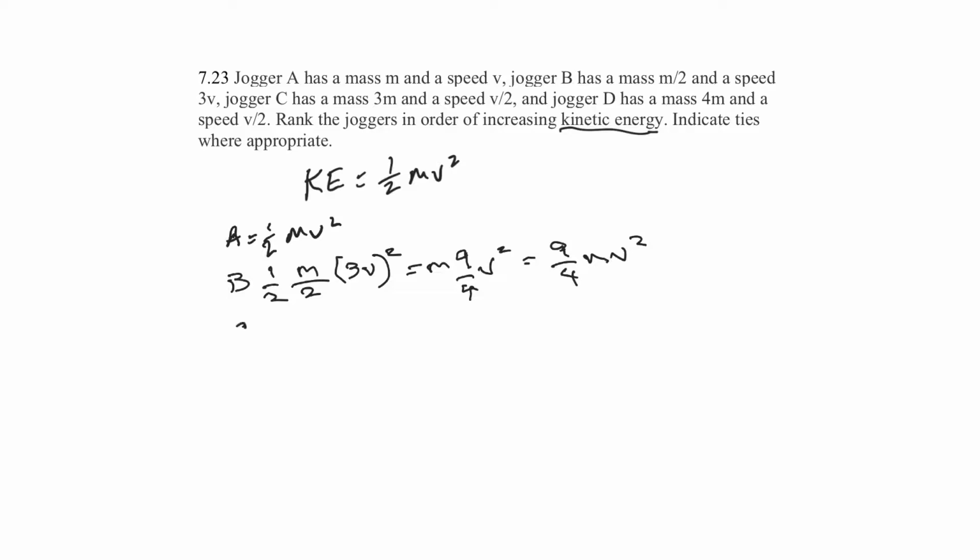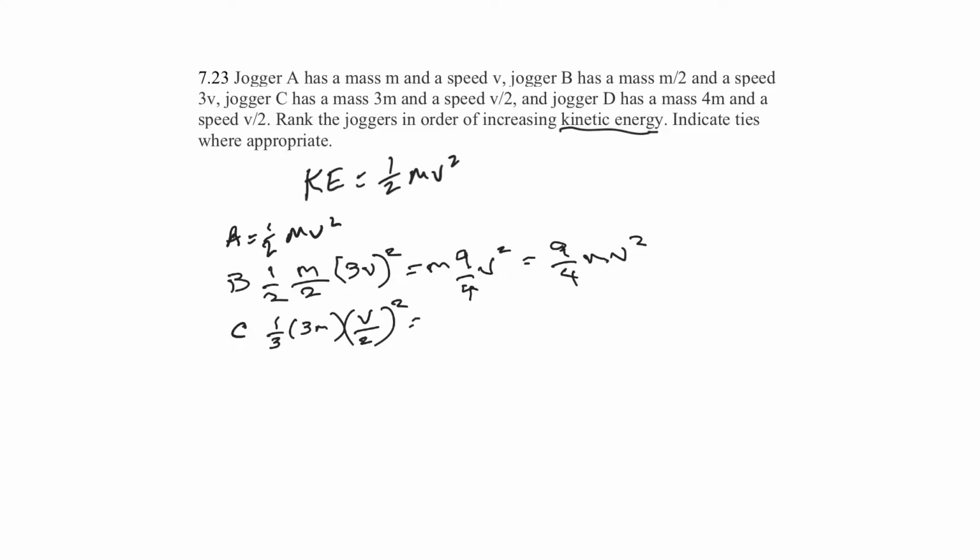All right, C is going to be what? C has a mass of 3m and a speed of a half of a velocity. Okay, so we'll have 1/2 times 3m, and then velocity over 2, squared.